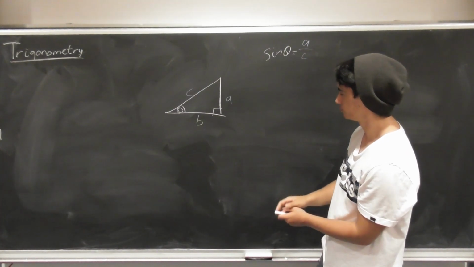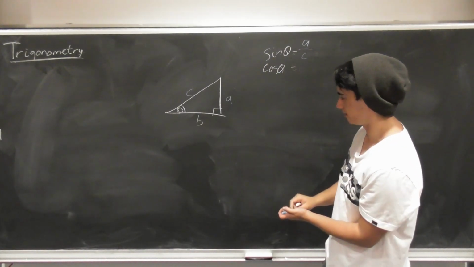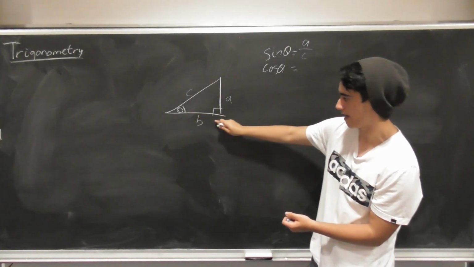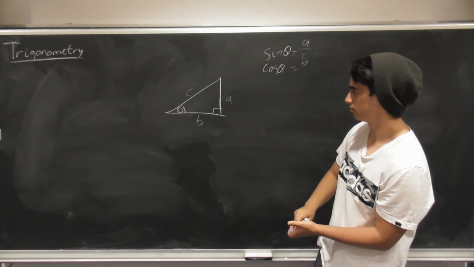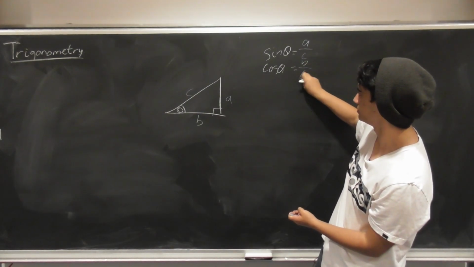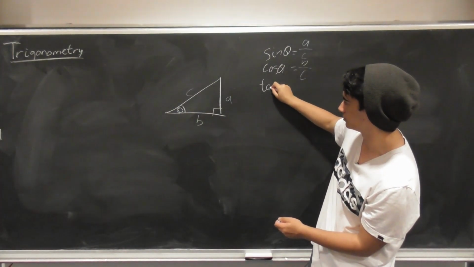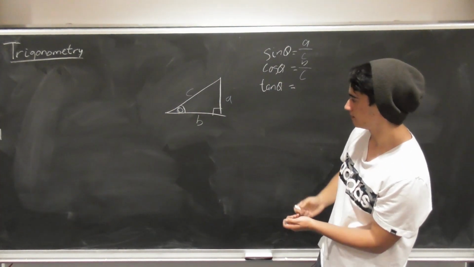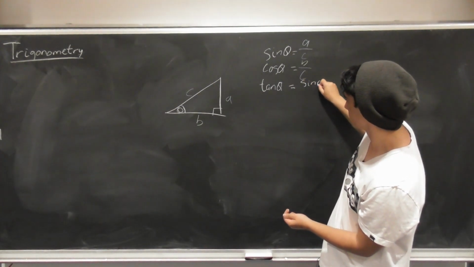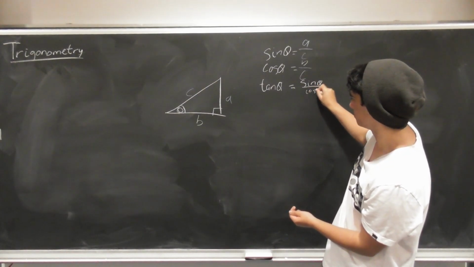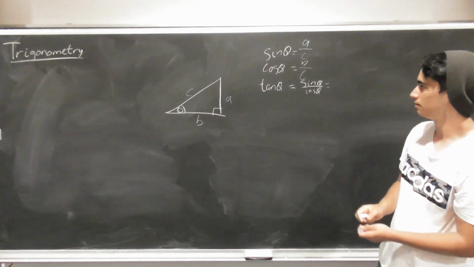The cosine of theta as this bottom adjacent side to the angle over the hypotenuse, and the final of the main three trig functions, tan theta, as sine theta over cos theta, which, when done out, will simplify to A over B.